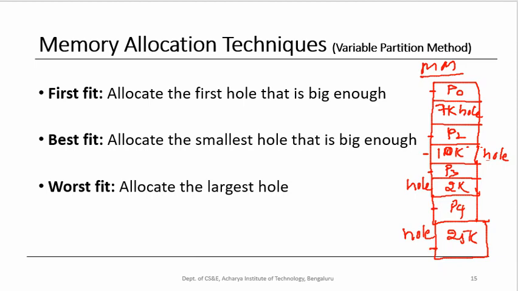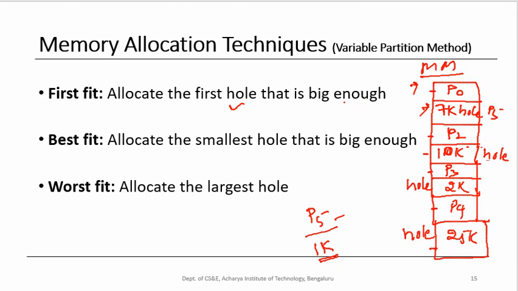Now let us assume that process P5 makes a request for memory space of 1K. In case of first fit, we start the search from here and look for a hole that is big enough to accommodate this process. The first hole that we get is 7K and it is big enough, so P5 is put here.